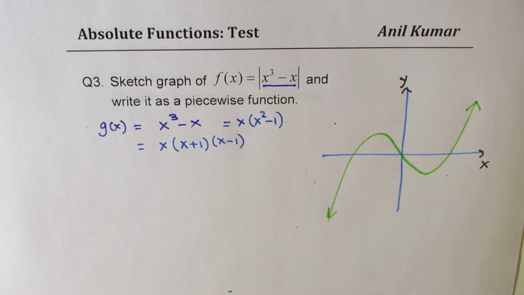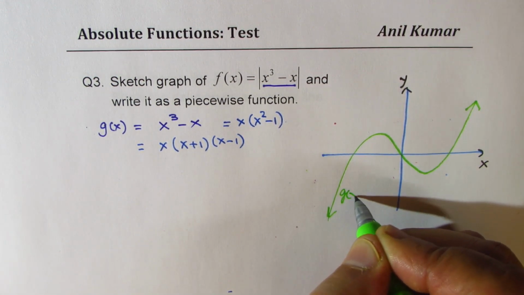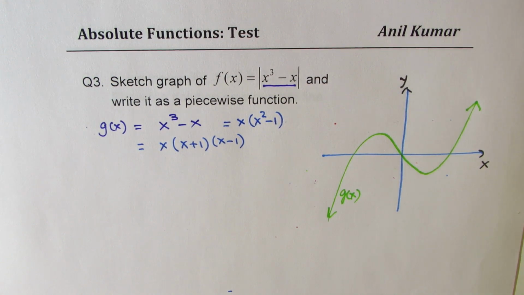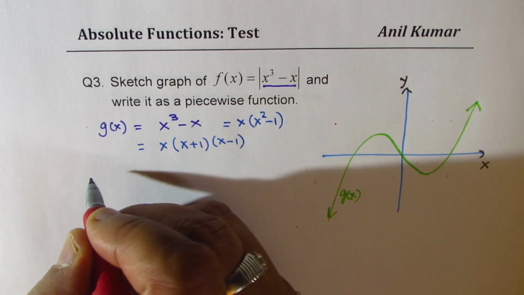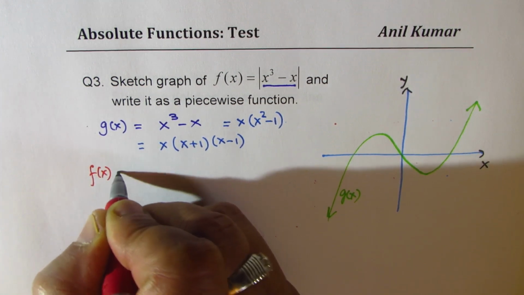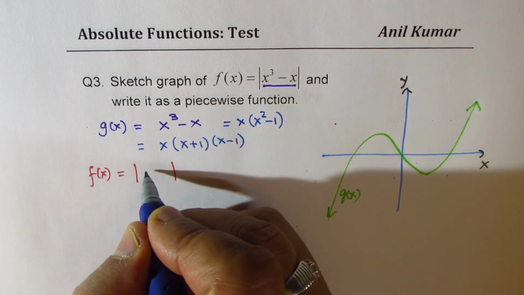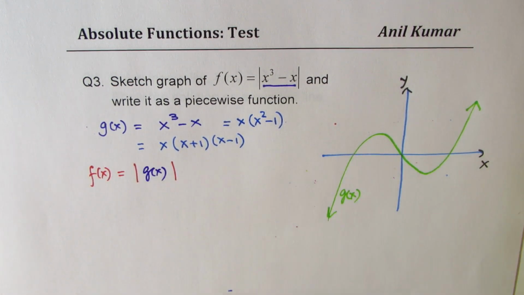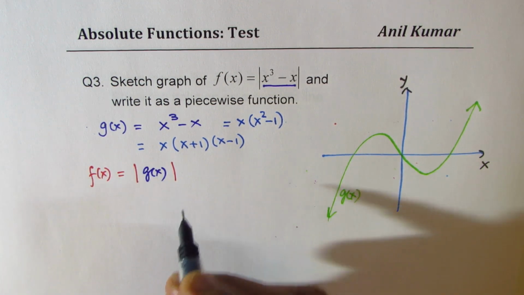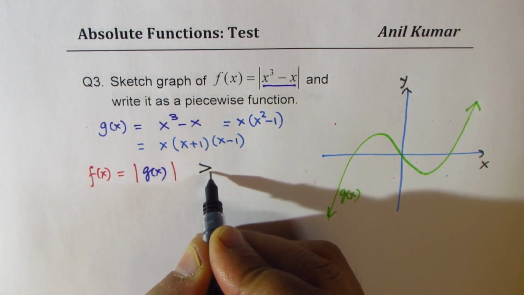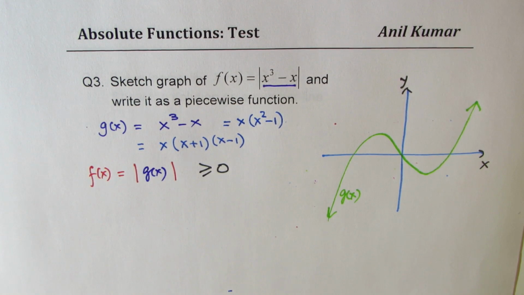So let me say g of x here. So this is the graph for g of x. Now we need f of x. So f of x basically is the absolute value of g of x, shown in green. Now absolute value means it has to be always greater than or equal to 0, right?